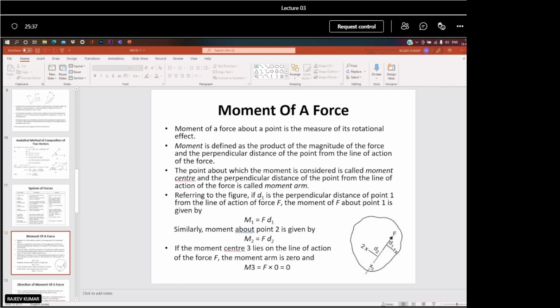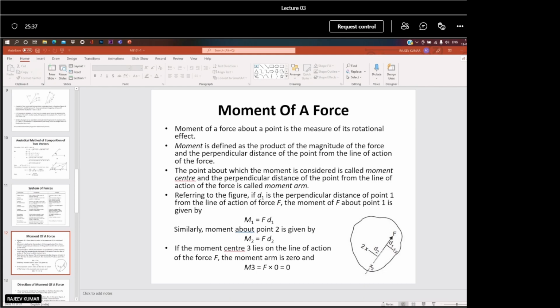Moment of a force about a point is the measure of the rotational effect of the force. You are applying a force, and by that force some rotational motion is created. You see the door of your house. The hinge is one point, and it is rotating, because you have made such an arrangement. For every action, closing and opening, you apply force on the corner of the door.